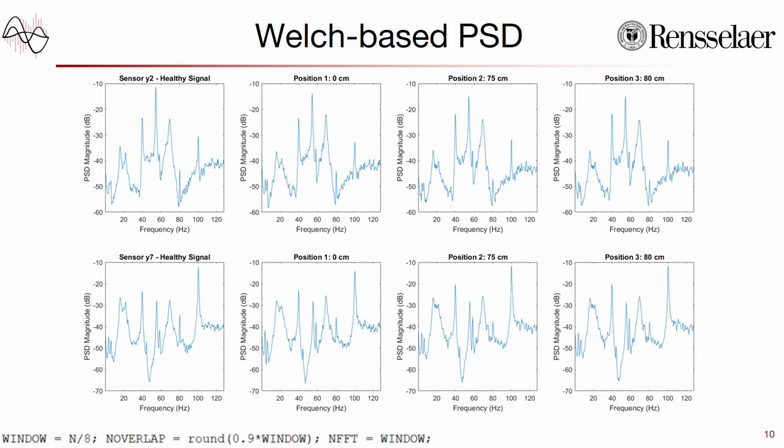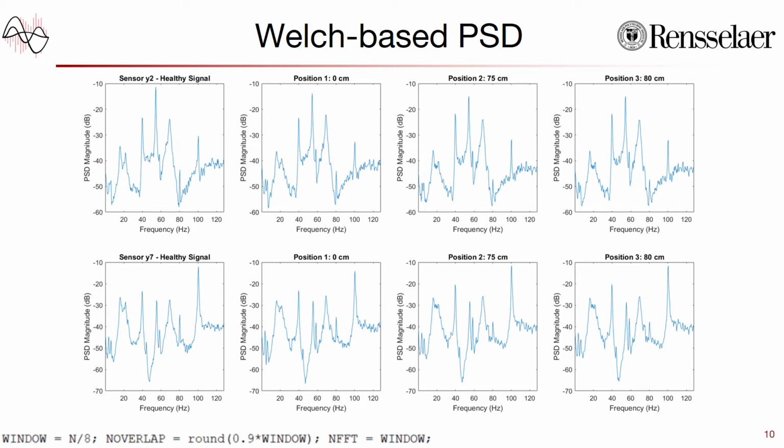Next, I plotted the Welch-based PSDs for further non-parametric analysis. As you can see from the PSDs, there are some pretty high and very sharp peaks, which resemble very low damping.